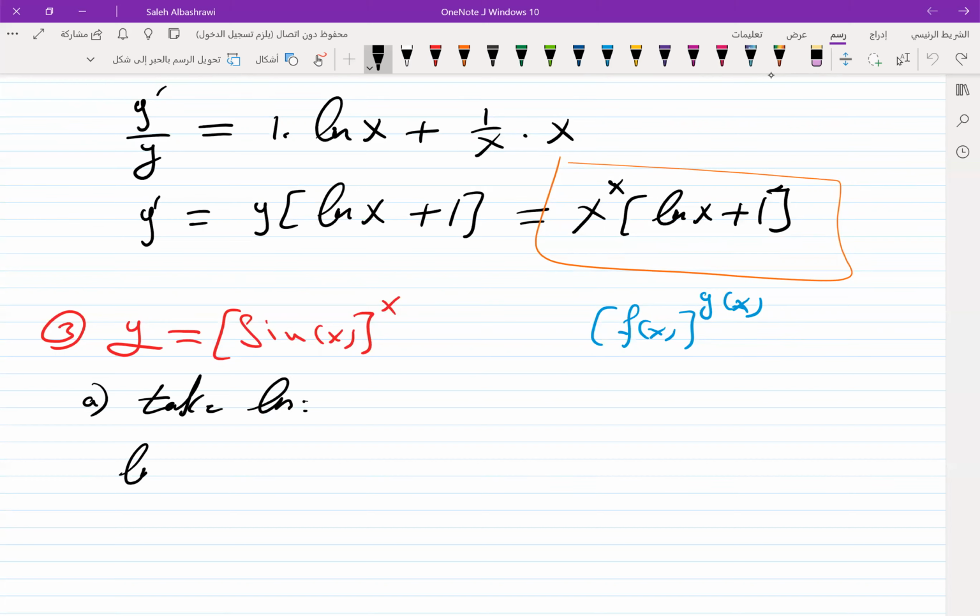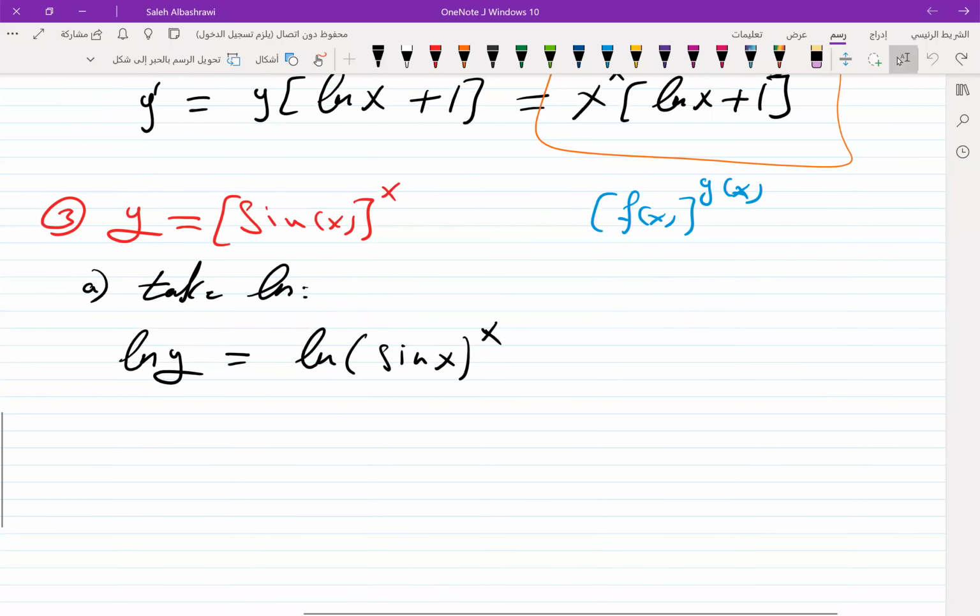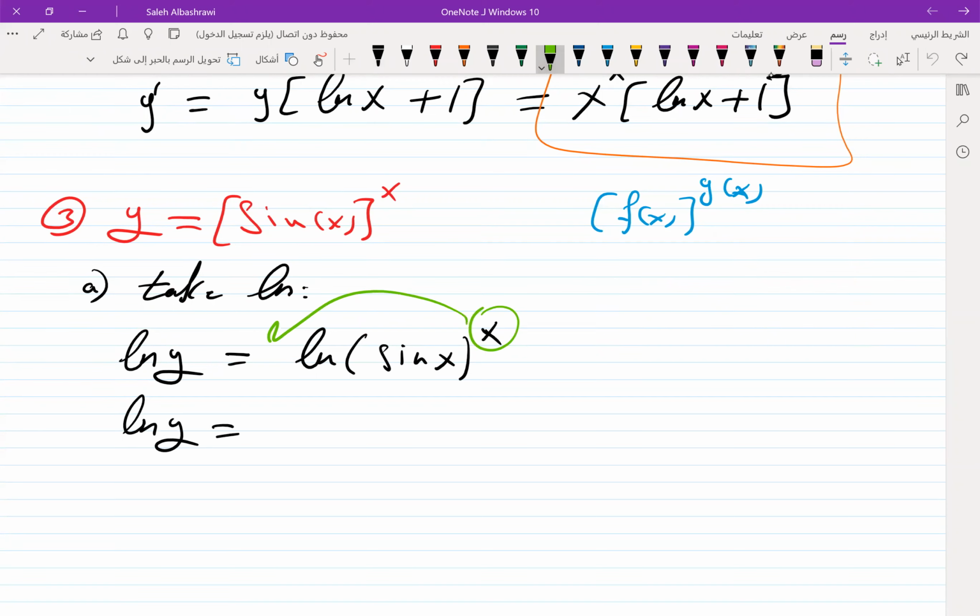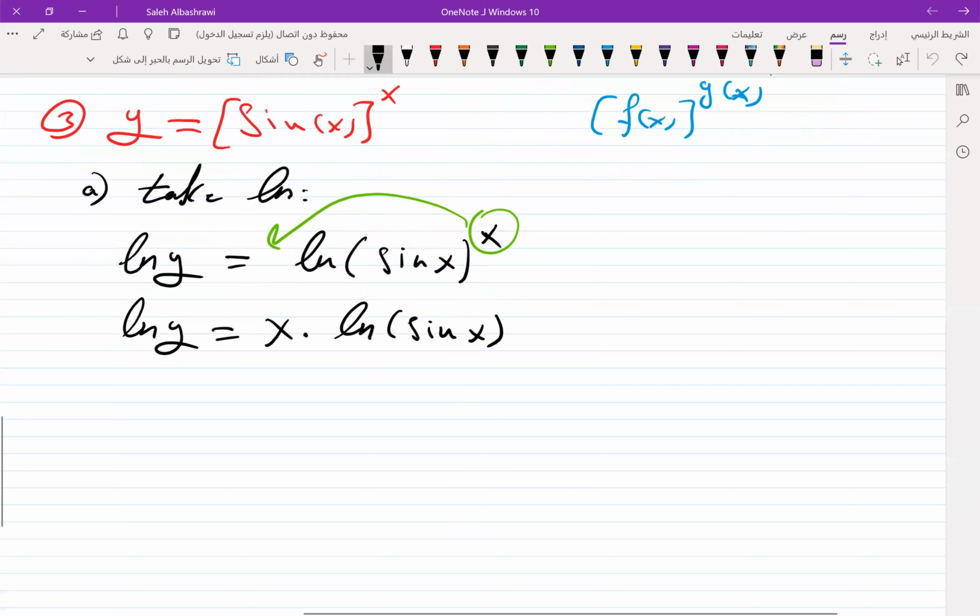So it is ln of y equal to ln of sine x to the power x. By the properties, this will be ln of y equal to, the power is going down, so it is x multiplied by ln of sine x. Now differentiate.